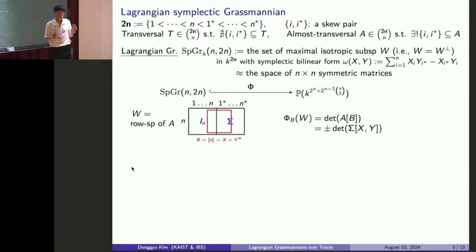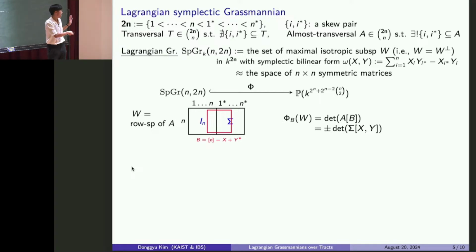And luckily, we also have some kind of embedding of the set of n by n symmetric matrices into projective space. How you can do that is very similar to the Plücker embedding. Here sigma is our n by n symmetric matrix, and we attach it together with the identity matrix.